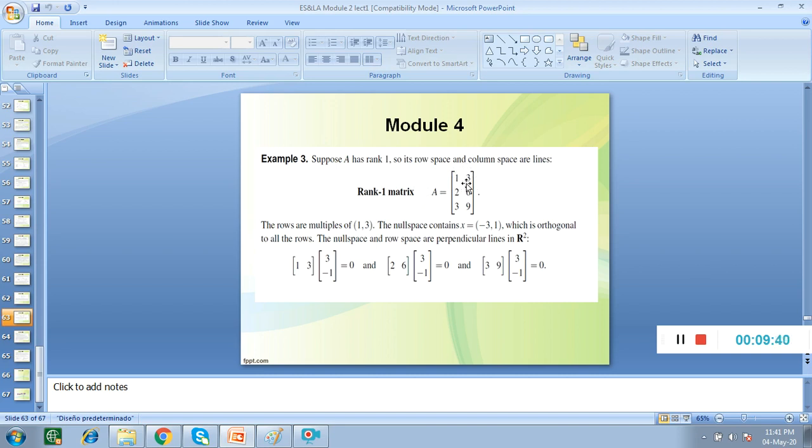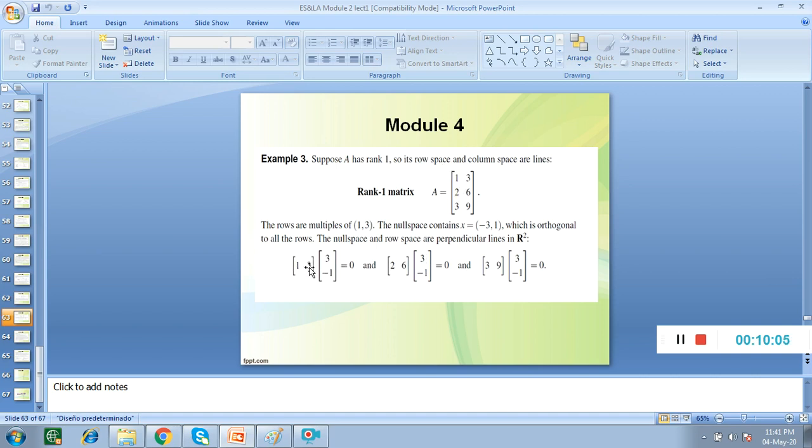This is the row basis. And from this, if 1, 3 is getting multiplied with 3, minus 1, it will generate 3 and minus 3, which will make it 0. Similarly, we can take the multiples of this, and the result would be 0.